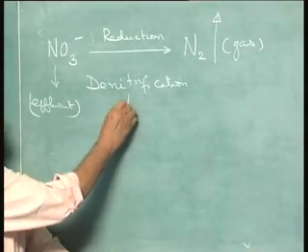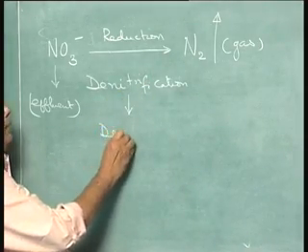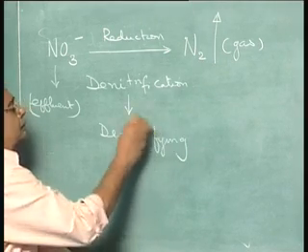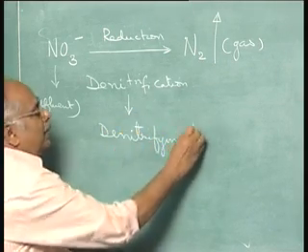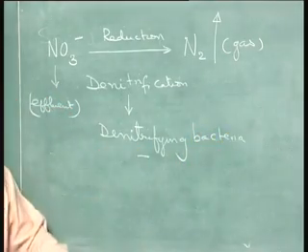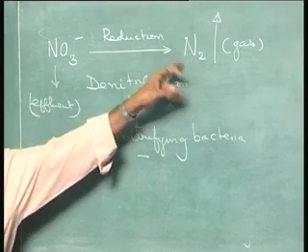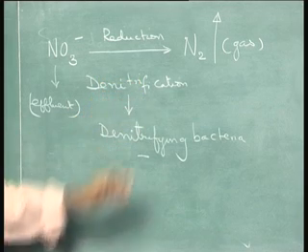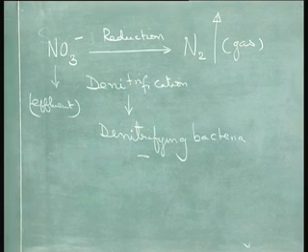This process is carried out by denitrifying bacteria, which cause this reduction. So, finally, I am producing nitrogen gas. I have taken care of ammonia and am producing nitrogen gas. Nitrogen gas is not a pollutant, that is what we know.